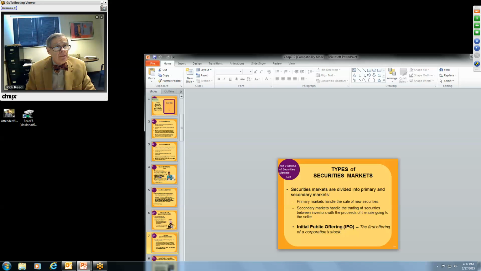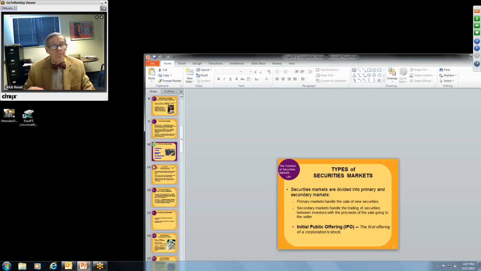Now, these are the types of security markets that we find. The primary market is set up to handle the sale of new securities. The secondary market is a little bit different. This is trading securities between investors, with the proceeds of the sale going to the seller.